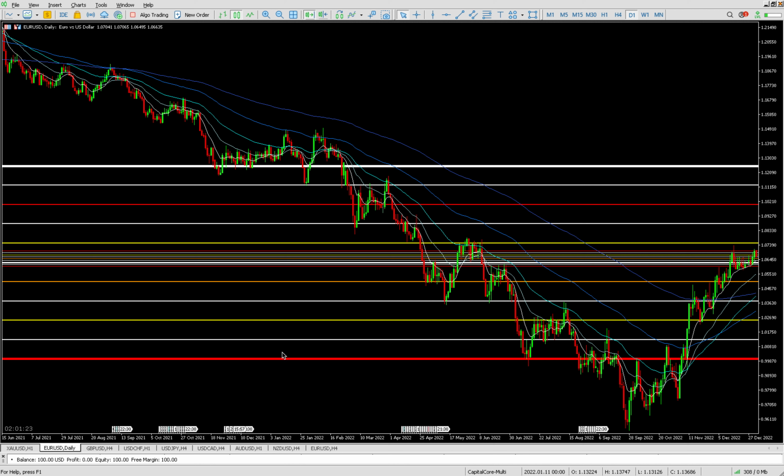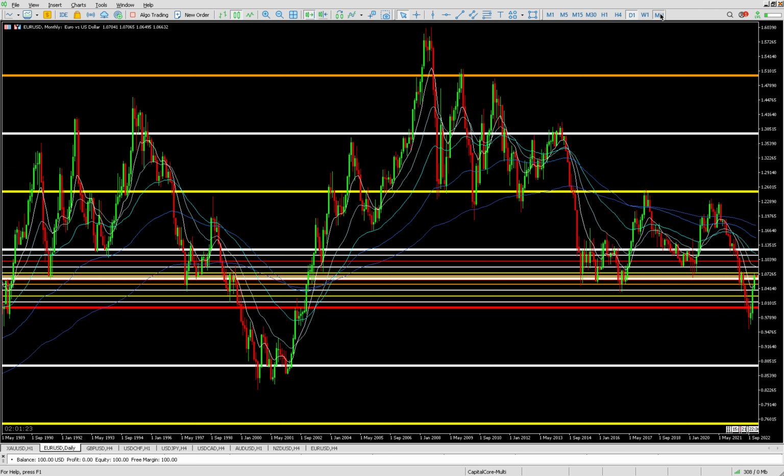So the thicker the level, the more significant it is when price comes to that level. You see how that big bullish candle came off of this. Right now this market is bullish because of that, because we had a strong reaction off of this level, a very important level. You could argue that it is the most important level on Euro USD, period.